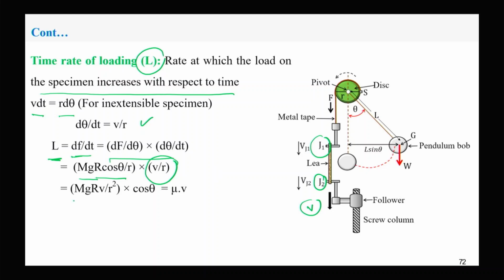If we remove the v here, all the remaining components represent the machine rate of loading. So the relationship between time rate of loading and machine rate of loading is: L, the time rate of loading, equals the machine rate of loading multiplied by the speed of the lower jaw.